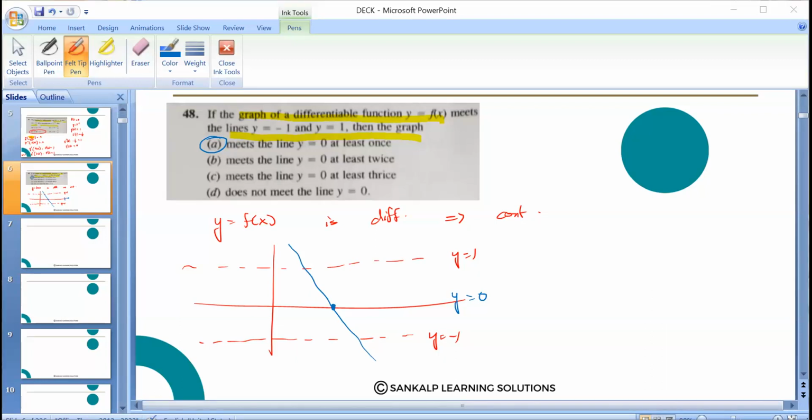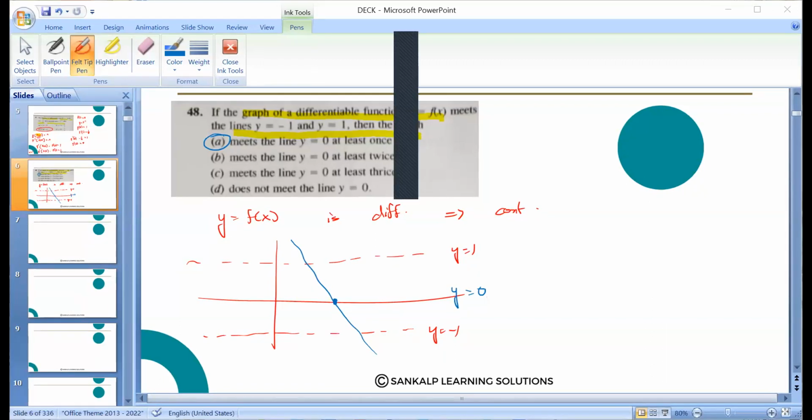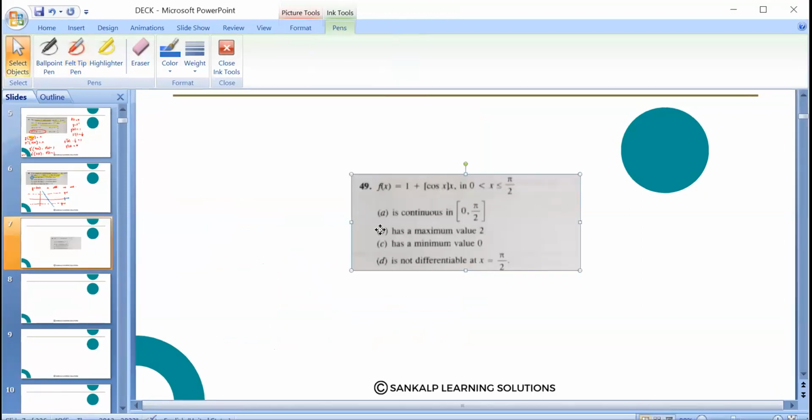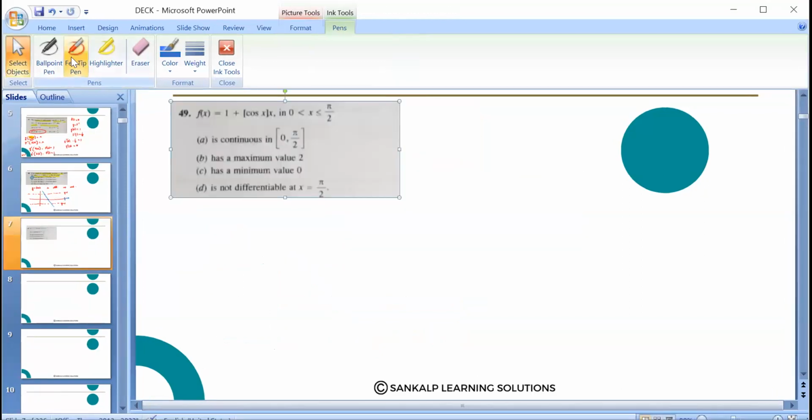Next is 49. F of x is 1 plus greatest integer function of cos x into x.